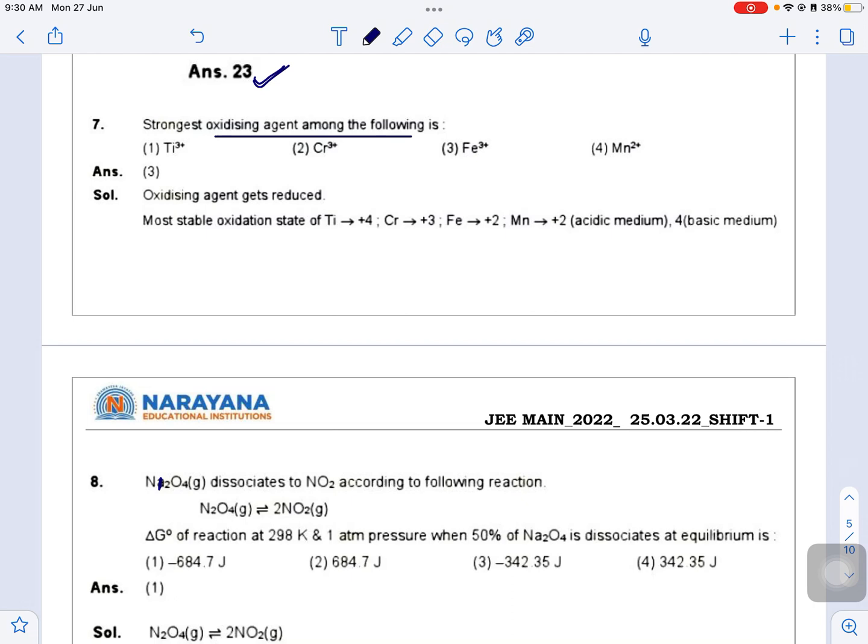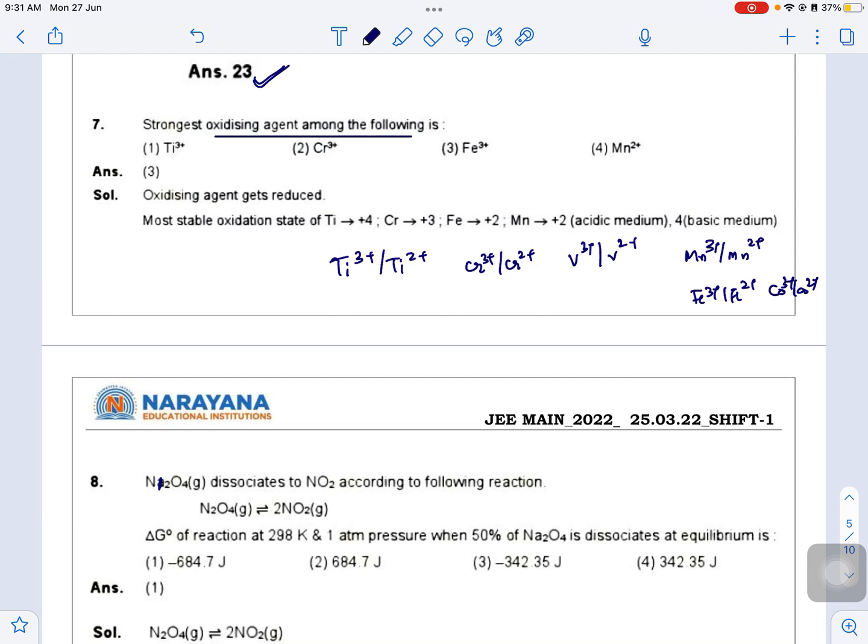Strongest oxidizing agent means we should note the electrode potential of these tripositive ions, that is Ti plus 3 to Ti plus 2, Cr plus 3 to Cr plus 2, vanadium plus 3 to vanadium plus 2, that is not given here, and Mn plus 3 to Mn plus 2, Fe plus 3 to Fe plus 2, cobalt plus 3 to cobalt plus 2.